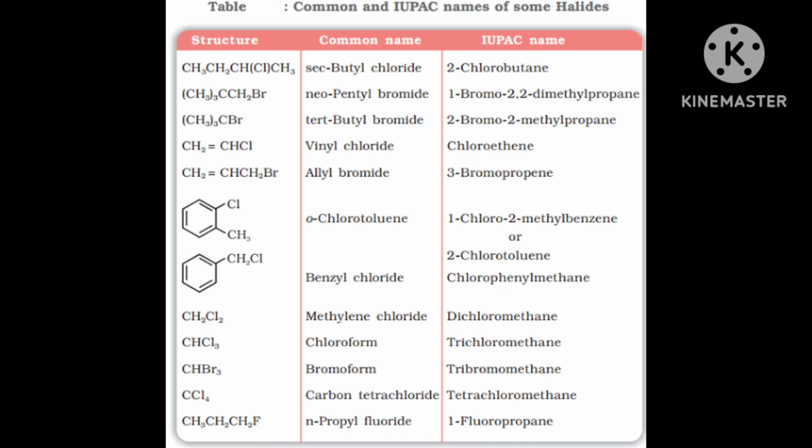But in the center, with the center carbon, 2 methyl groups are attached, hence you can tell 2,2-dimethyl, because with the center carbon, carbon number 2, methyl groups are attached. And finally it is a propane.